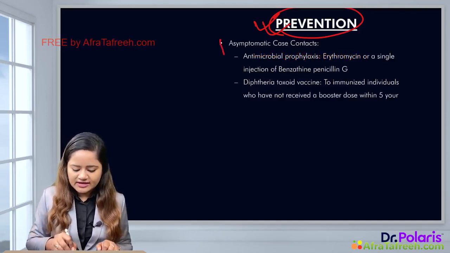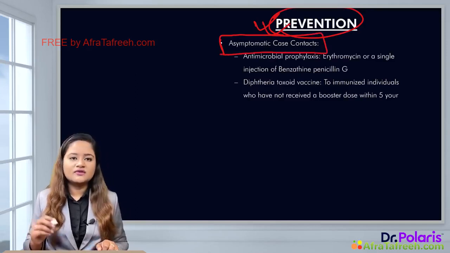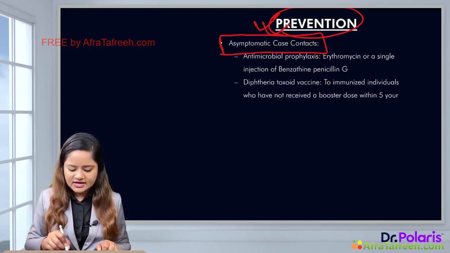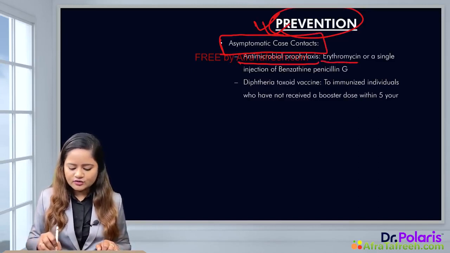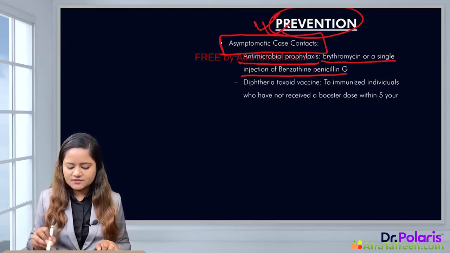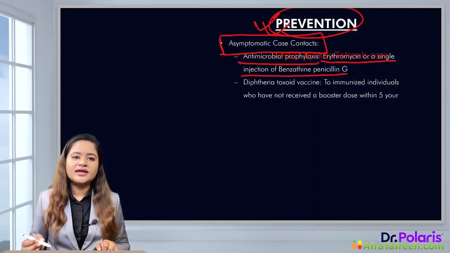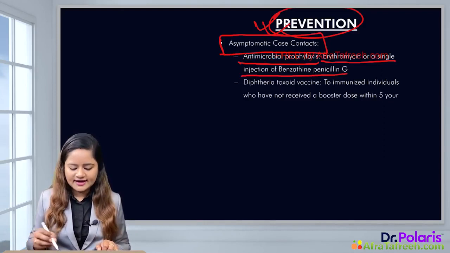So the asymptomatic contacts who have come into contact with direct cases require prophylaxis with antimicrobials. So again, erythromycin or a single dose of injection penicillin G is going to be helpful to prevent the onset of disease in healthy individuals who have come in contact.